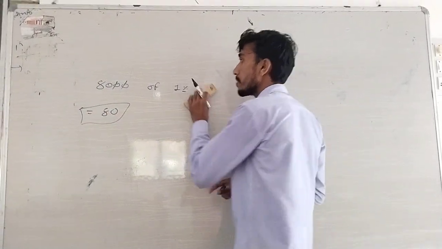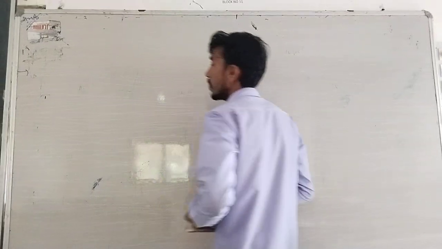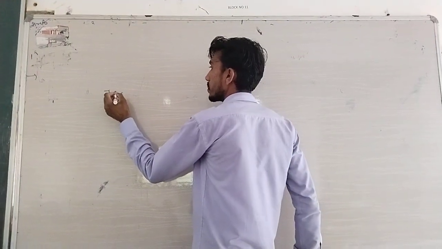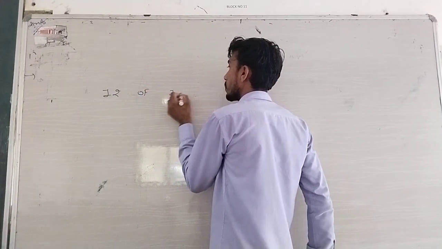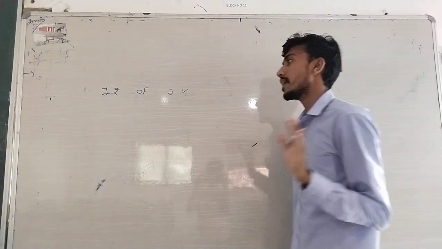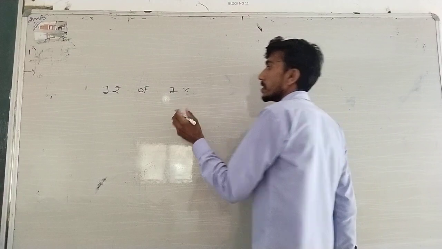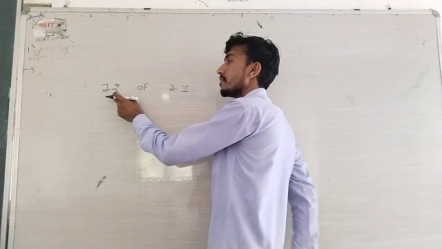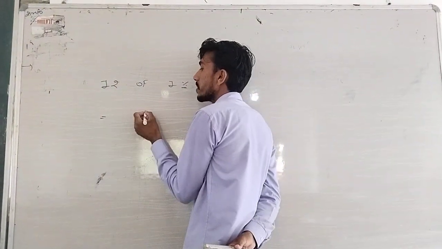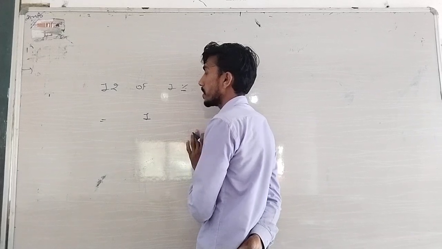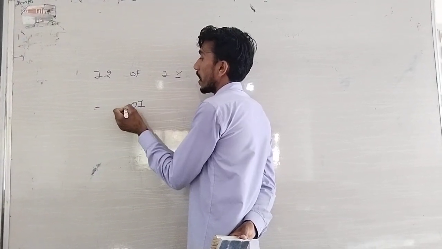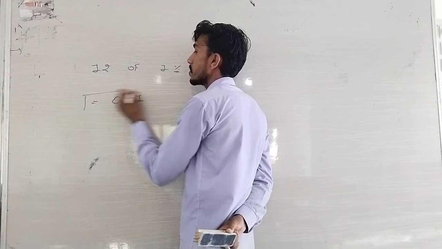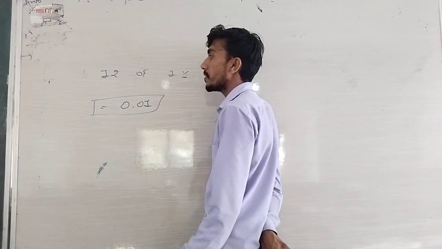I write the next example. 1 rupee of 1%. So what is my answer? You can see there is a percentage, but there is no zero. So I write a 1, but I add a 0 and I put the point and my answer is 0.01.